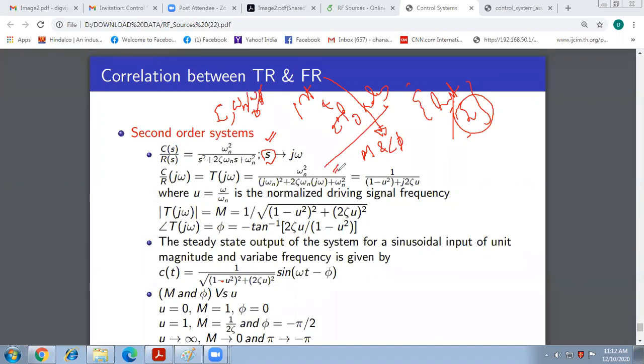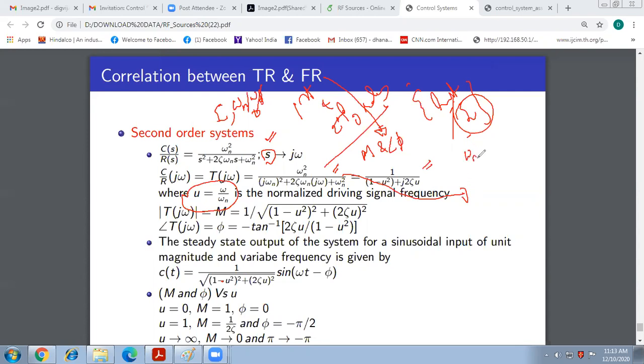In this expression, I take omega n common, and I substitute the ratio omega by omega n equal to u. So I will get something like this here. If we have time, let us quickly see how we arrive at this final answer.